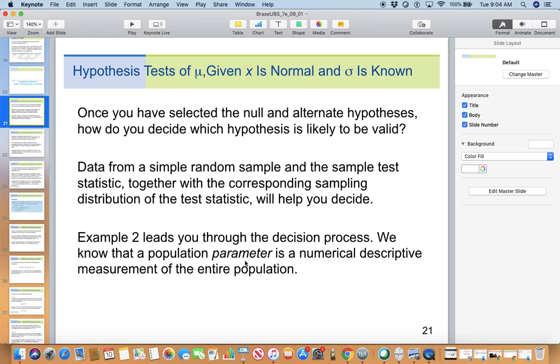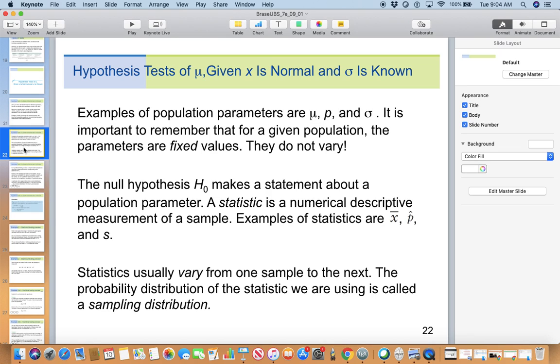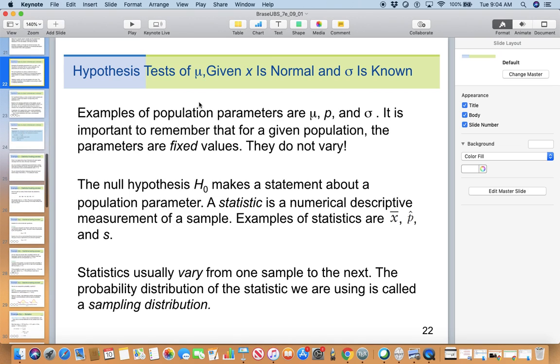We know that a population parameter is a numerical descriptive measurement of the entire population. So a parameter pertains to the entire population. Examples of population parameters are mu, p, sigma. It is very important to remember that for a given population, the parameters are fixed values. They do not vary.